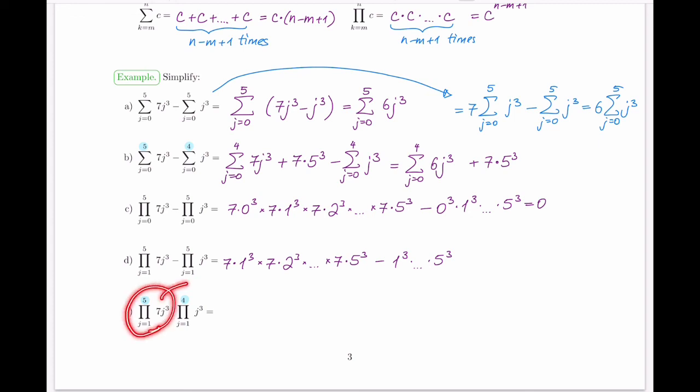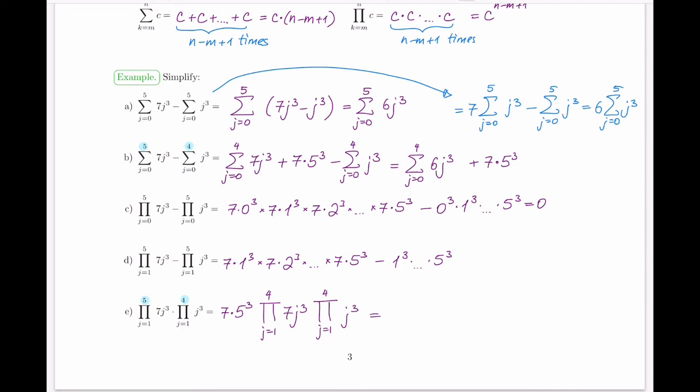I'm going to take this product and pull out the last term. So what's the last term? The last term is going to be 7 times 5 cubed. And then the product can carry on from 1 to 4 of 7j cubed. And then my second product, I never changed. j from 1 to 4 of j cubed.